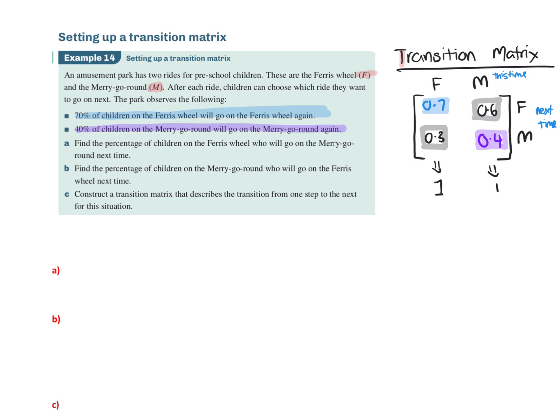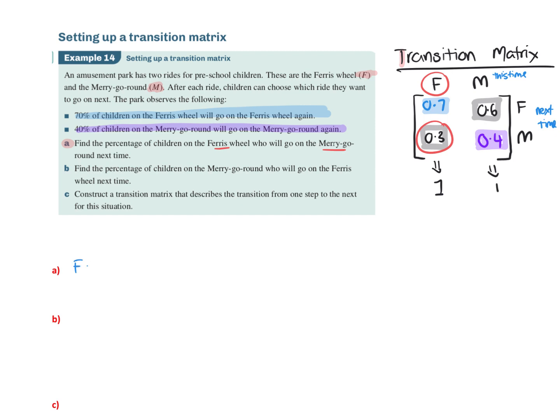Everyone clear about where we're getting them? Yeah? Good. So now when they ask me the question down here in A, it says, find the percentage of children on the Ferris wheel who go to the merry-go-round. So we're on Ferris wheel and we go to merry-go-round. So our matrix says 0.3. So what does that mean?